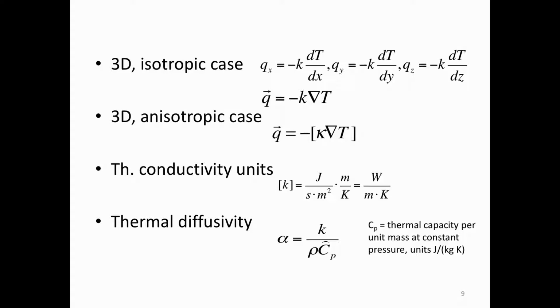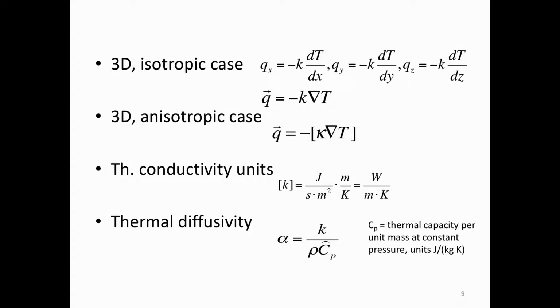One thing that we're going to look at quite a bit, especially at the end, is dimensional analysis. We're going to look at these coefficients that compare different types of transport in the same manner.